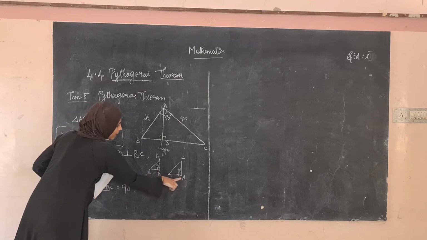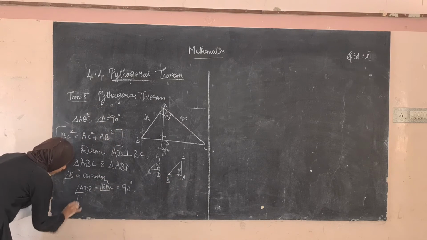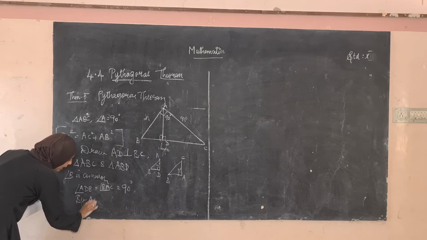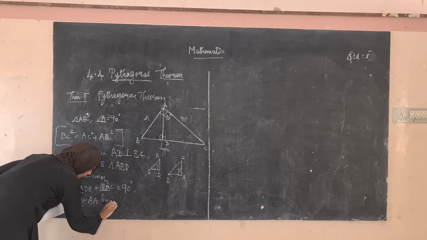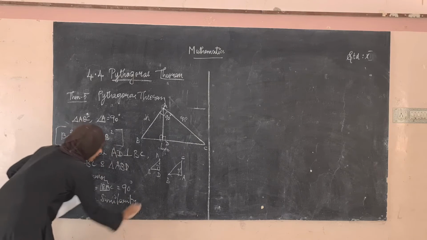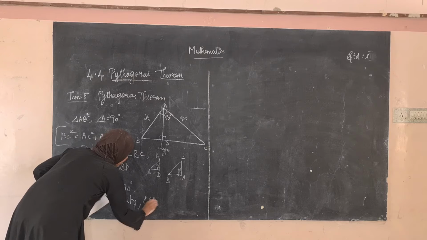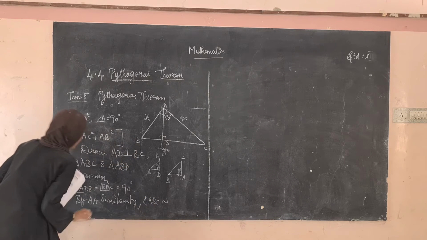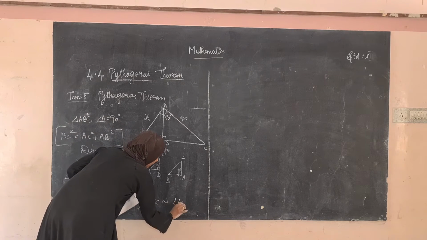D is also 90 degree, angle A is also 90 degree. Therefore, by AA similarity, what we can say? We can say triangle ABC is similar to triangle ABD.